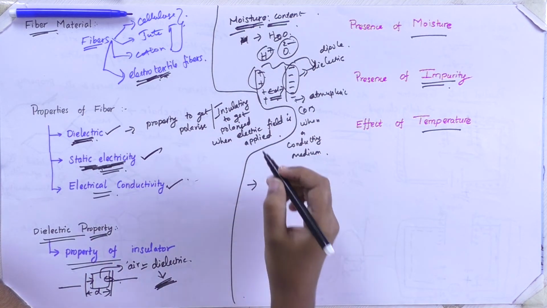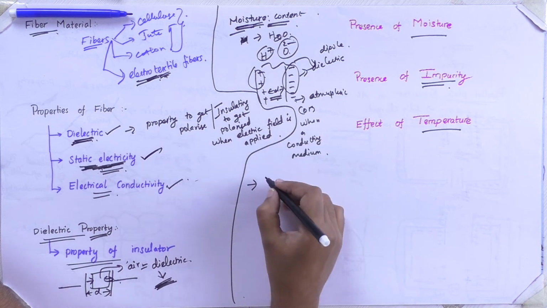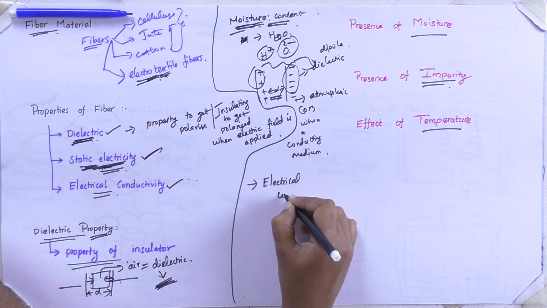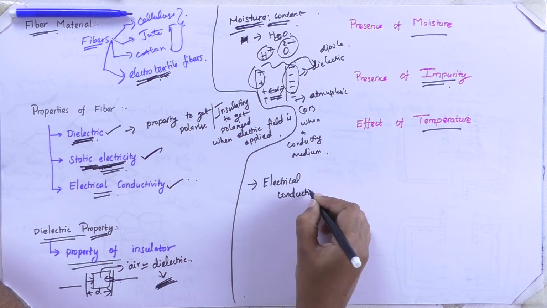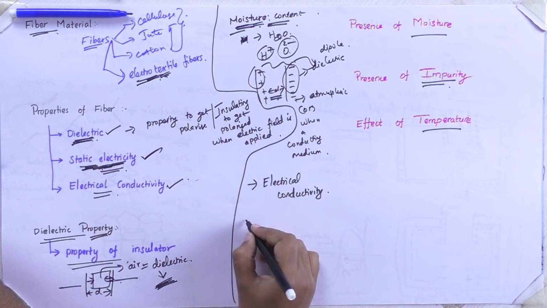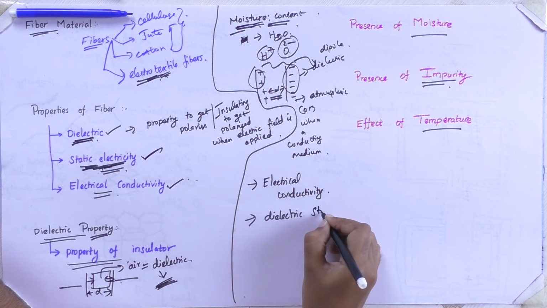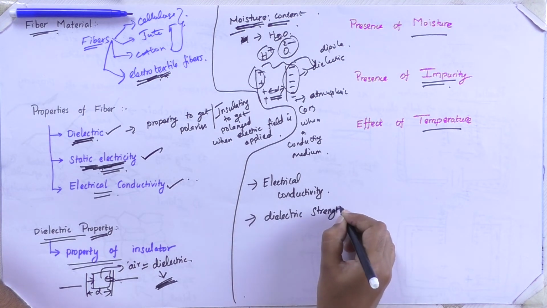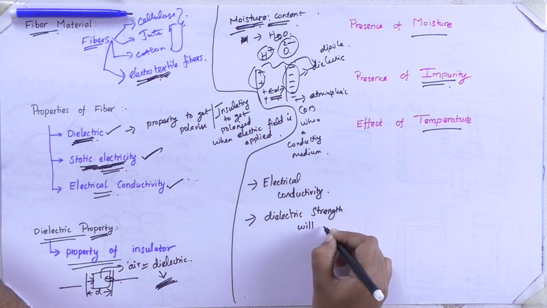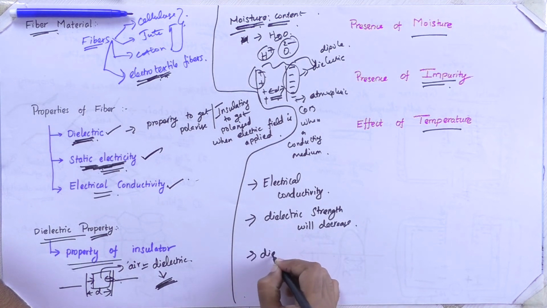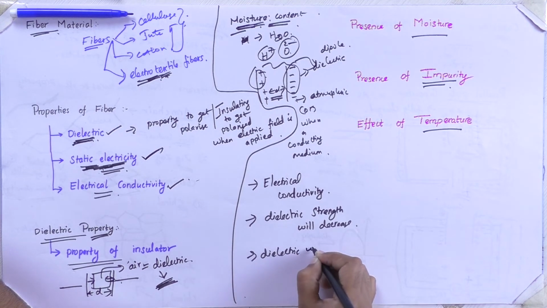If moisture content is present in the material, electrical conductivity will increase due to polarization. That is, dielectric strength will decrease and the dielectric constant will increase.